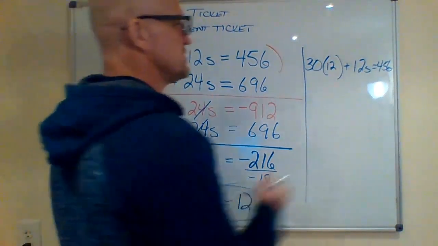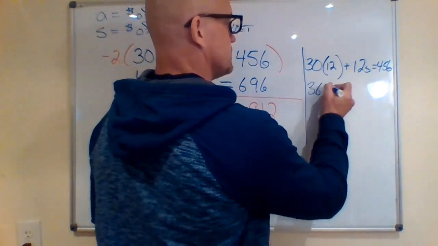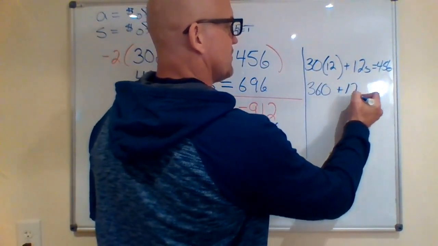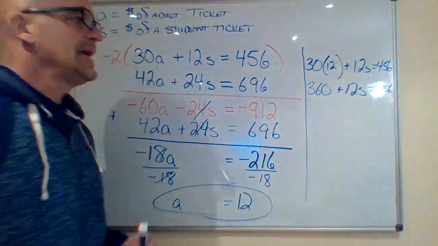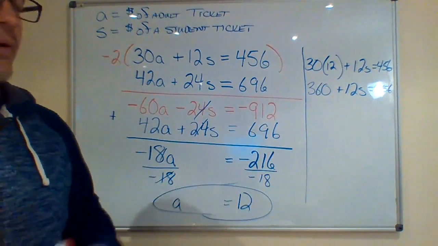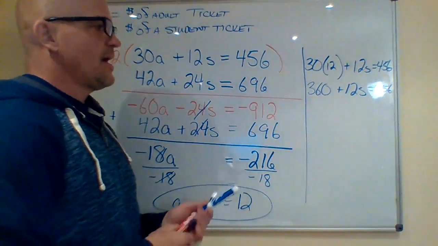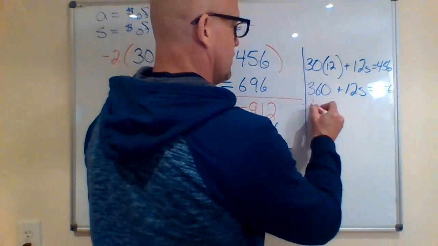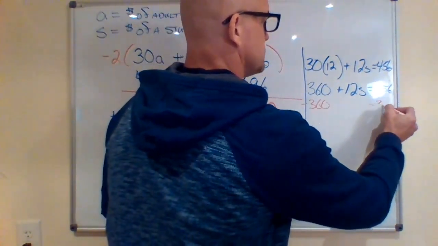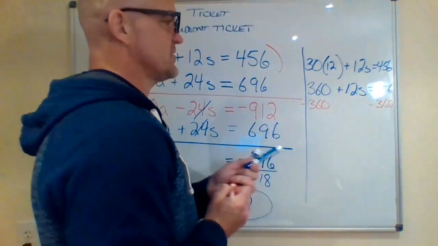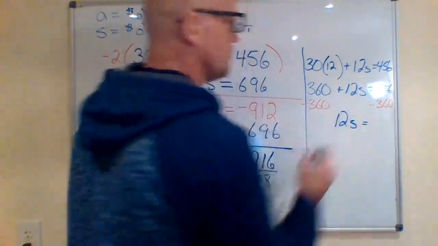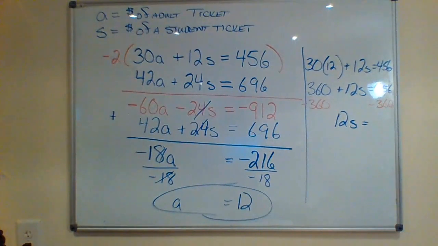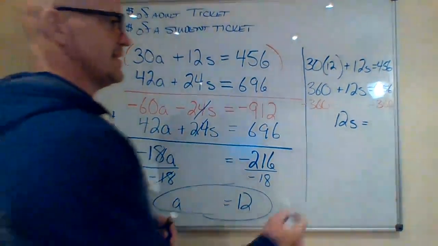So that's 360 plus 12S equals 456. At this point, that's a two-step equation. We can solve that pretty easily. I'm going to subtract 360 from both sides. That's going to give me 12S equals 456 minus 360, which is 96.